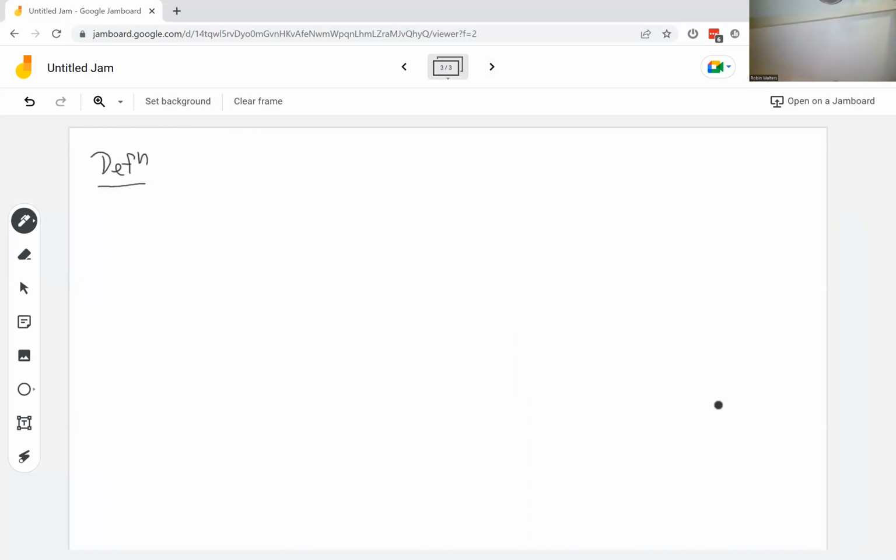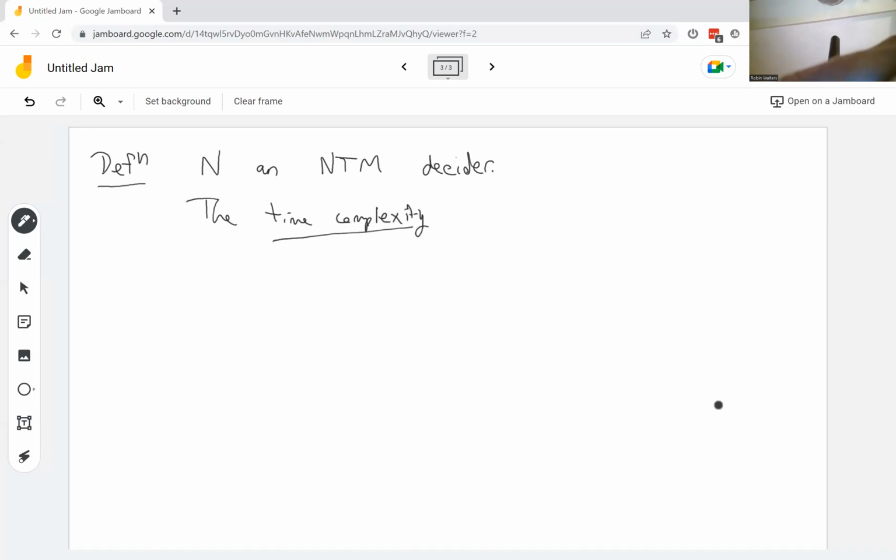Definition: given N, a non-deterministic Turing machine which is a decider, recall that we are only measuring the time complexity for machines that halt on every input. The time complexity of N is a function from the natural numbers to the natural numbers. That was true for deterministic ones.